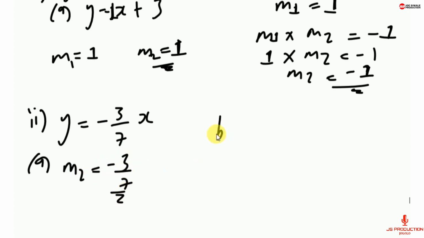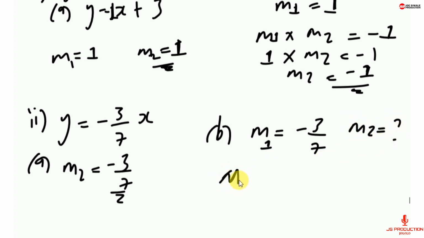What about B, the perpendicular line? Since we know that our gradient 1 of this equation is -3/7, what about m2, which is that of a perpendicular line? We don't know, but we know that the product of m1 and m2 must give you -1.